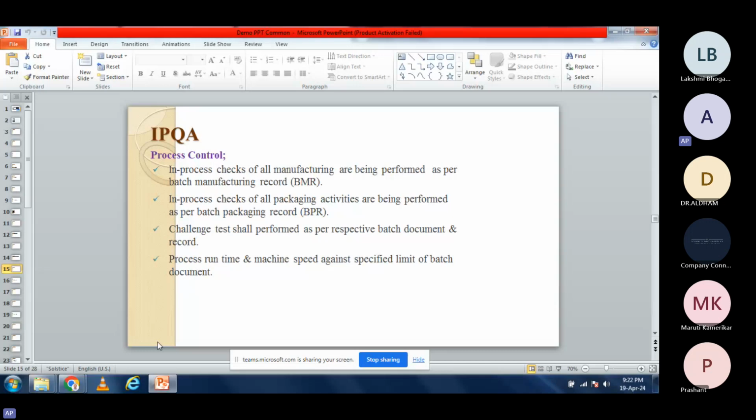For example, if any product requires a temperature not more than 25 degrees centigrade, that instruction will be part of the batch manufacturing record. During the entire manufacturing process, all such parts will be ensured: equipment parameters, speed, temperature, everything. Everything will be recorded and given as instruction for ready reference of the manufacturing process.